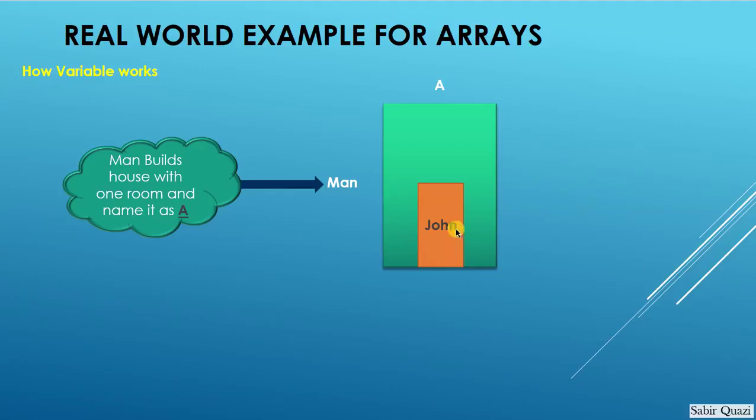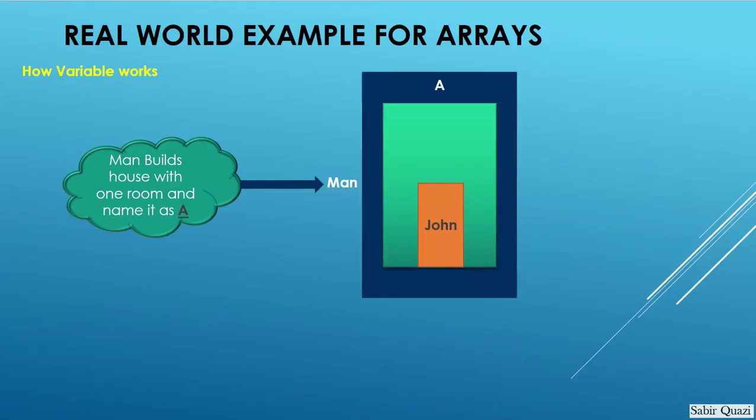Like you can see the name John. Let's say John will stay in this room, so John will be the value of this room. Similarly, variables store values like 20, 30, or names or characters and so on.